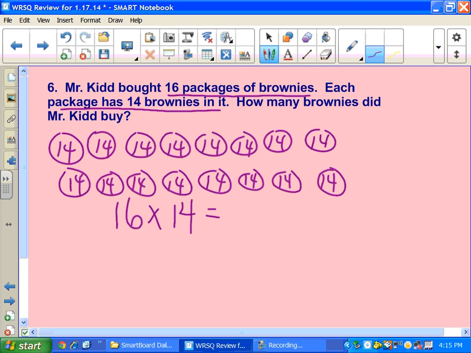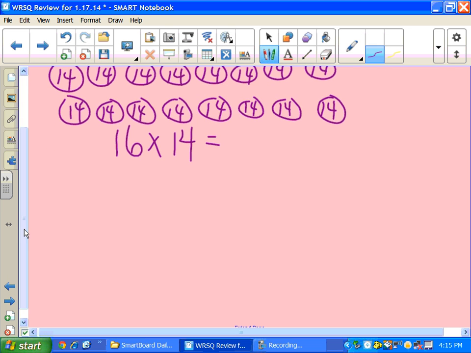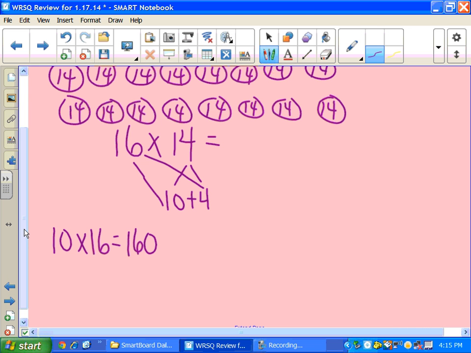So one of our strategies is break apart. So let's take a look. I'm going to break apart the 14 into 10 plus 4. So therefore, if I multiply 10 groups of 16, that's easy enough. That's 160 brownies. And then multiply 4 more groups of 16.